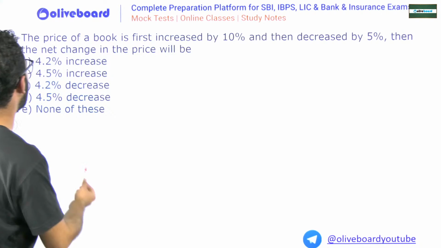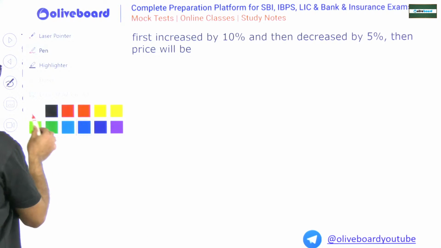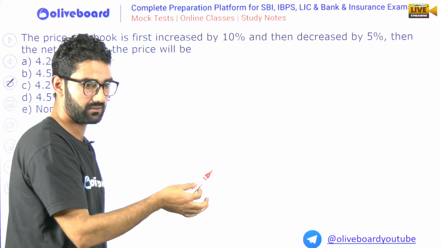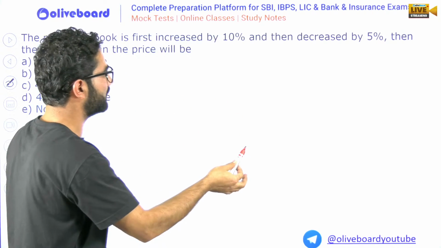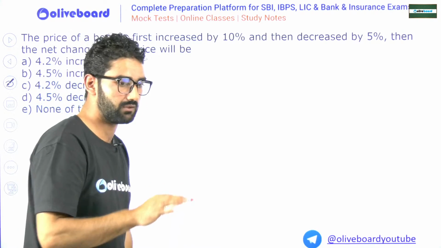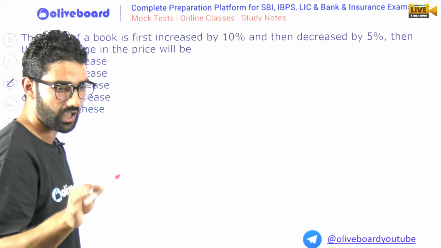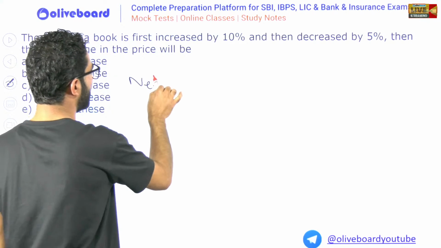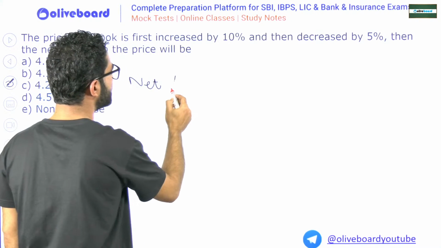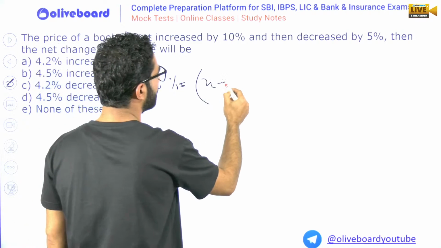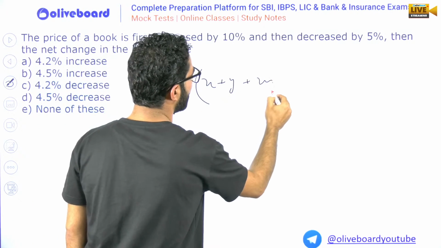Now see the question we have. The price of a book is first increased by 10% and then decreased by 5%. Then the net change in the price of the book will be... Nothing is given, the increase and decrease are given, and how can we calculate that? How to calculate the net percentage change? If we have to change that, we use x plus y plus xy upon 100.